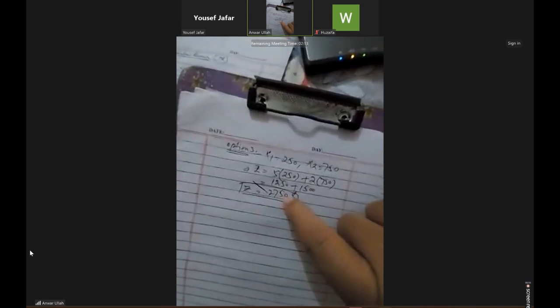So both of them are satisfying the constraints, yet it is yielding $2,750 of profit, which is the maximum of all. So it is basically the optimal one. Now you understand the difference between the feasible, non-feasible, and optimal one.